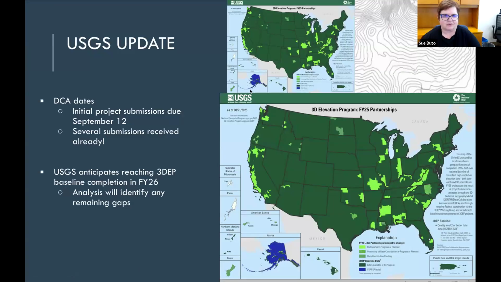The inboxes are starting to get busy with folks turning in their project submissions, so we're very pleased to see it. We'll be reviewing those in the coming weeks and hopefully being able to make some selections shortly thereafter. It all does somewhat depend on the federal budget, though. So be patient with us as always. I think that's all I've got, Jordan. Thank you.